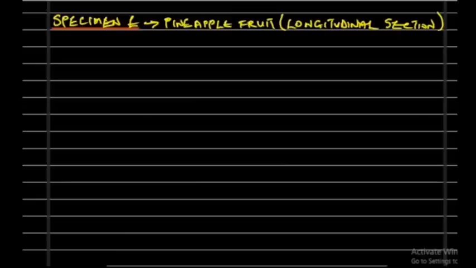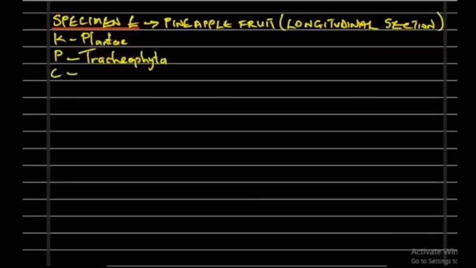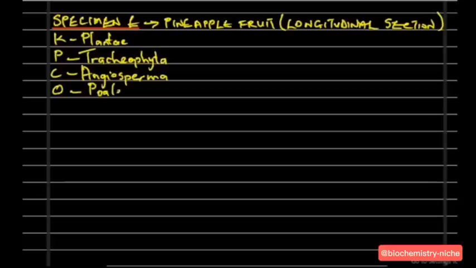So, classifying this crop now, it belongs to the kingdom Plantae, and then the phylum there is the Tracheophyta. The class to which it belongs is the Angiospermae. Then we have the order to be Poales. For this, we have the family to be the Bromeliaceae.